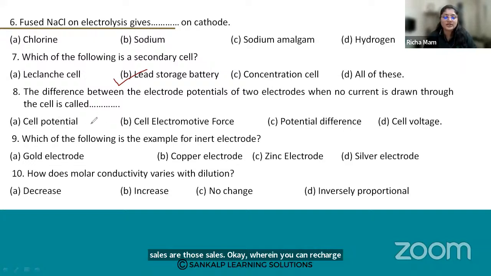The redox reaction converts chemical energy into electrical energy and it can be reversed. How can it be reversed? It can be reversed by passing the electric current. After the battery gets discharged, you can recharge it by passing the current through it in the opposite direction, and it can be used again and again.